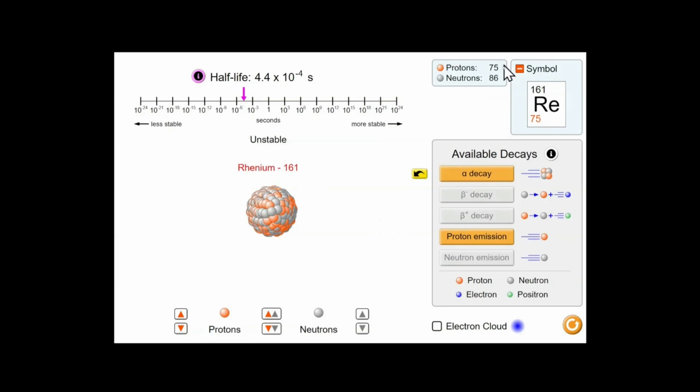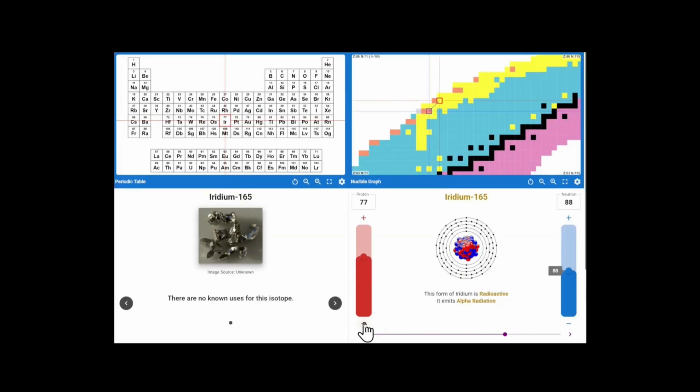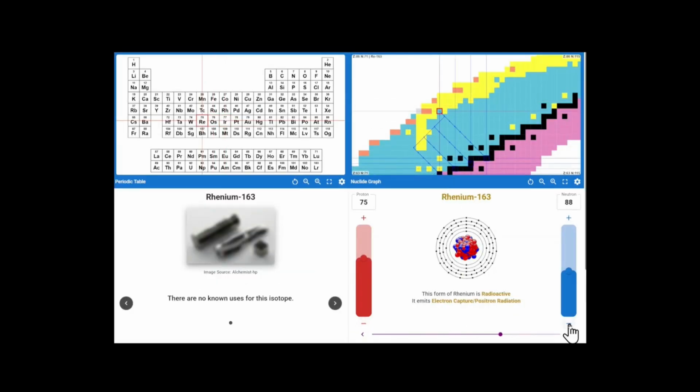So now we lose 2 protons, we lose 2 neutrons. This is no longer iridium. This is rhenium-161. I don't know if that has any use. We can find out.